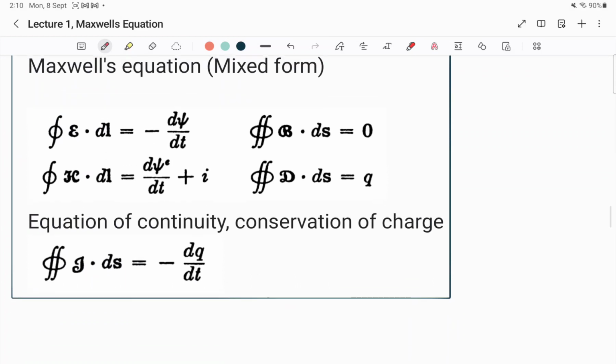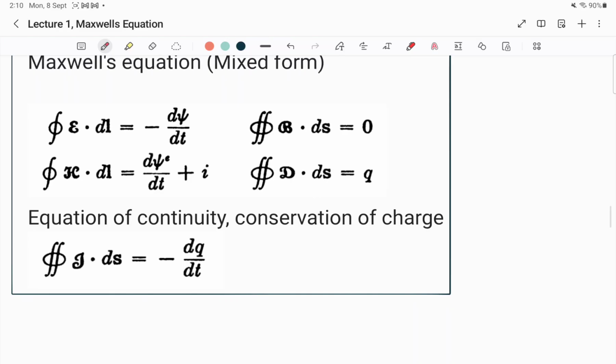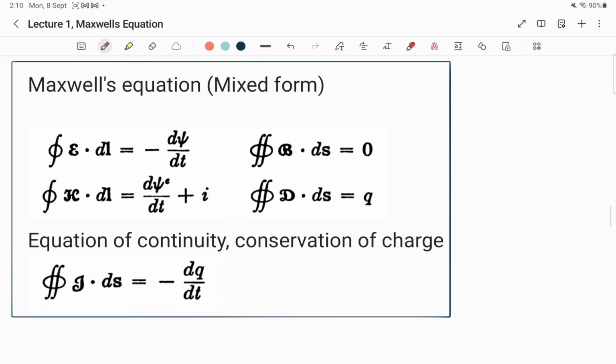So let's take the Maxwell's equation. So this is Maxwell's equation in mixed form. We will see how these equations came out by using Maxwell's equation in integral form and combining them with the circuit quantities.